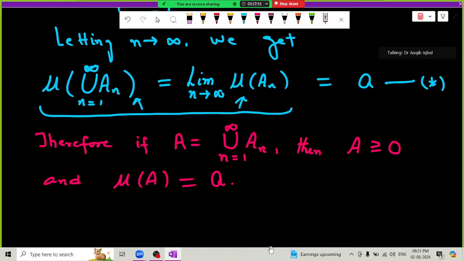So in this sense, this capital A is in a way the largest positive set present in X.